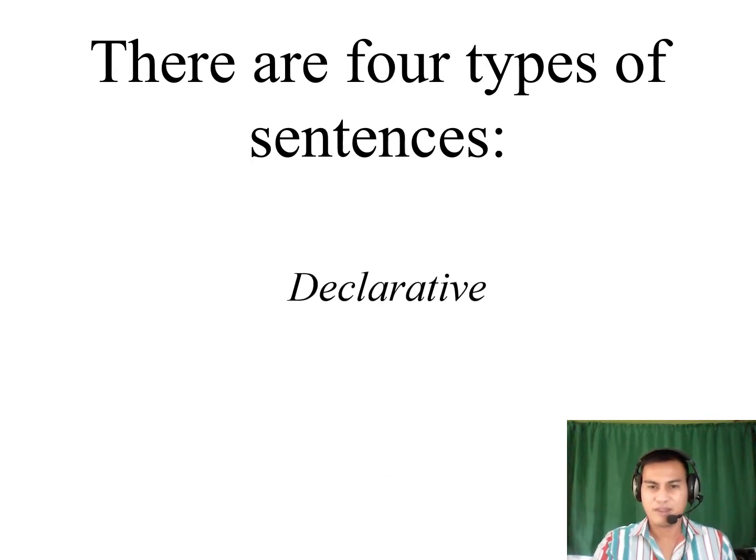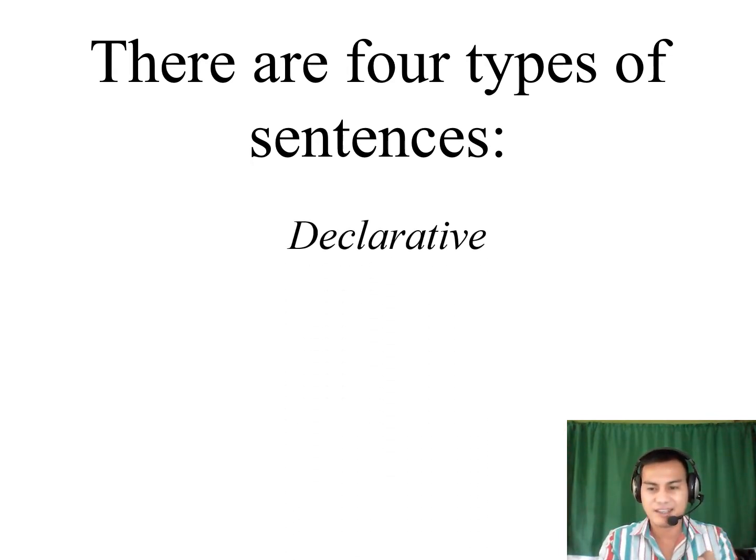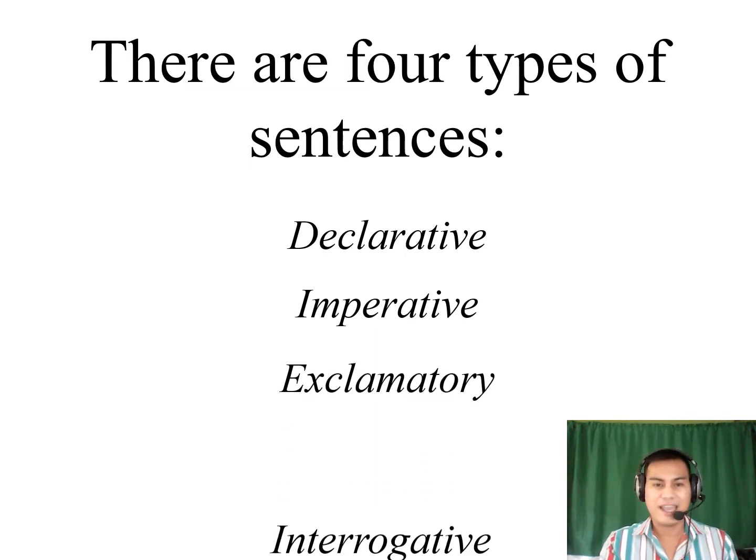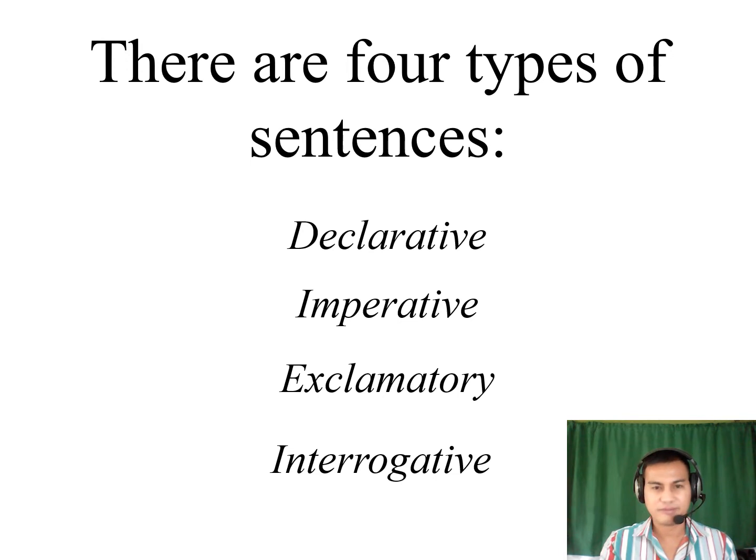First is declarative. Next, we have imperative, then exclamatory, and interrogative. These are the four types of sentences according to function, or why you will be using each type of sentence.